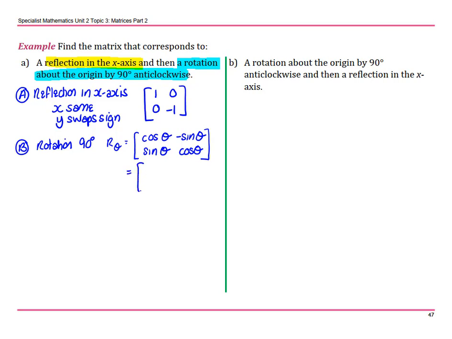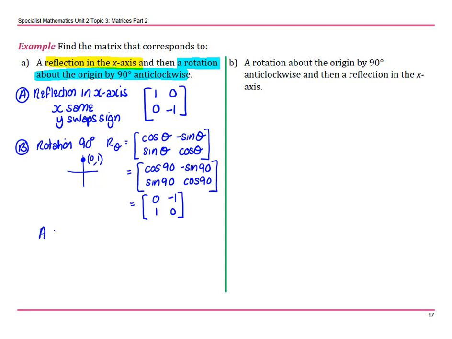So that's going to be [cos 90, -sin 90; sin 90, cos 90]. So in our unit circle, we're up here, at (0, 1). So cos of 90 is 0. Sine of 90 is 1. So [0, -1; 1, 0]. So we have our two matrices.